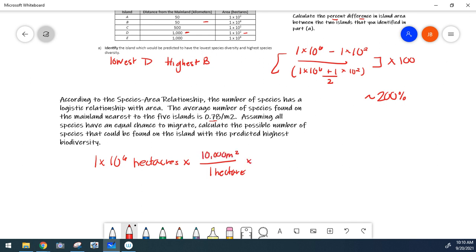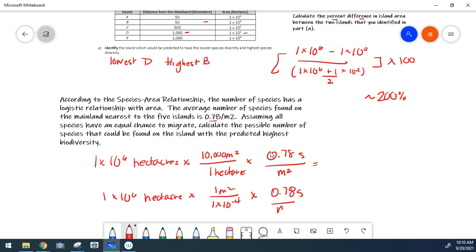Then you say there are 0.78 species on each square meter, so you can multiply across. You could also have done 1 square meter as 1 times 10 to the negative fourth hectare. I probably wouldn't have done that one, but either way, you should get the same answer.